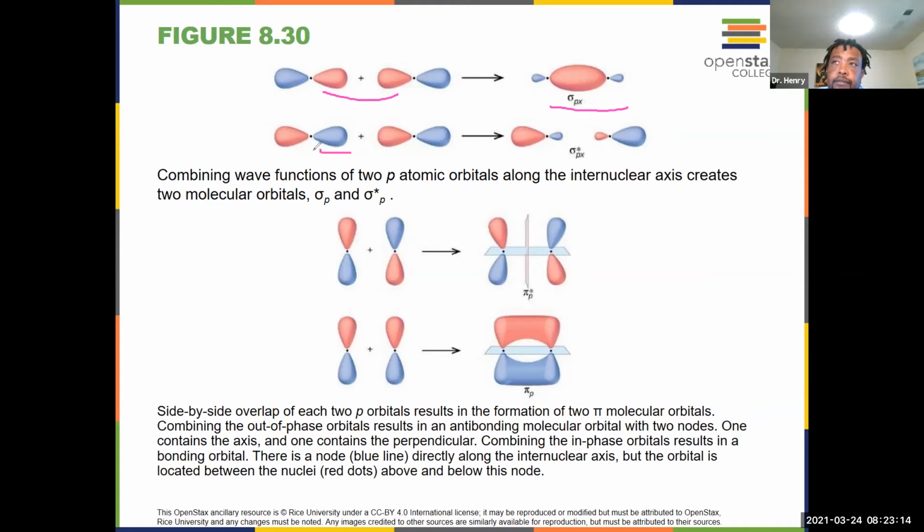If they're out of phase, meaning we have the blue over here and the red over here, then they can't come together because they're sort of like the same type of spin. Since they're the same type of spin, they're not going to come together. They're going to push each other away. Does that make sense?